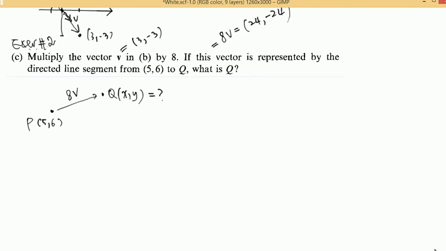Any question toward understanding what it's asking, or something that doesn't make sense to you? Yes? So we're finding the component of Q that's manipulated by 8v. Right, pretty much. The component of this position Q manipulated by 8v. Right.